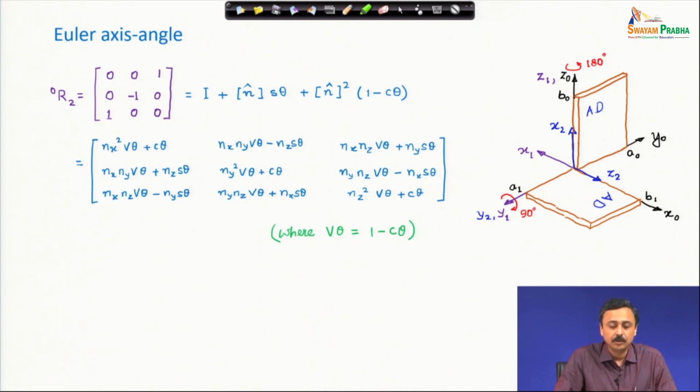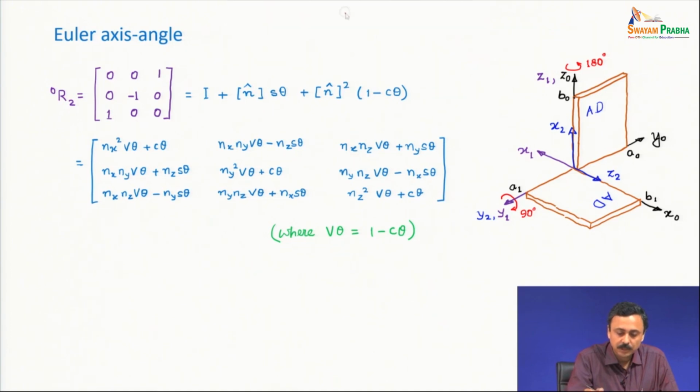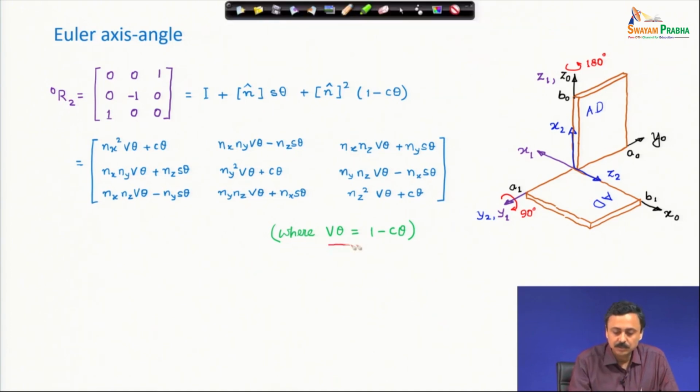Here I have written out the whole of the rotation matrix in terms of n cap and theta. I have used a notation which is typically used, called versine, which is 1 minus cosine theta, or verse theta in short.